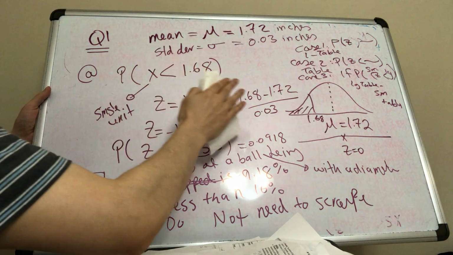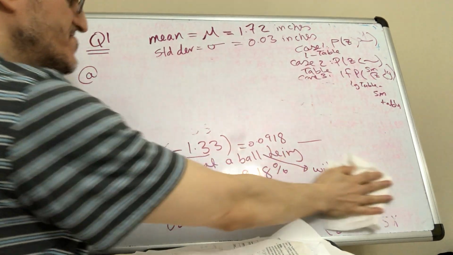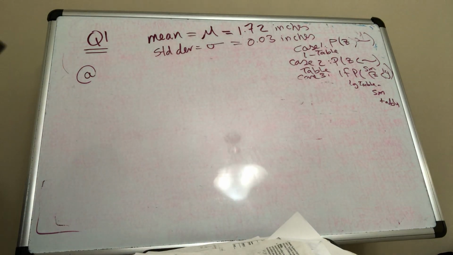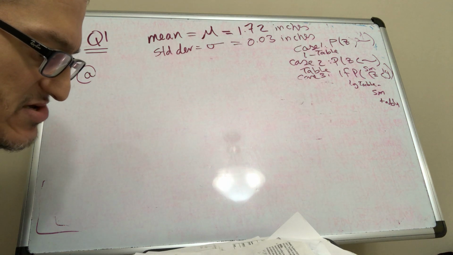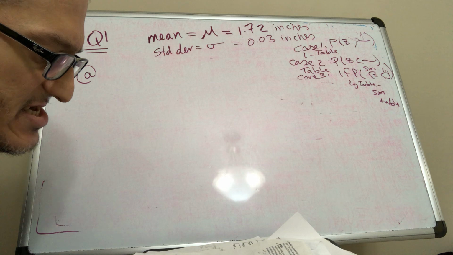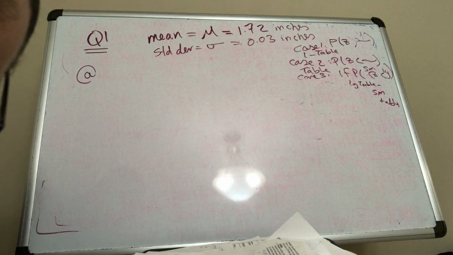Okay, so we did the A. The B question: between what two values symmetrically distributed about the mean will 98% of the golf balls actually fall?